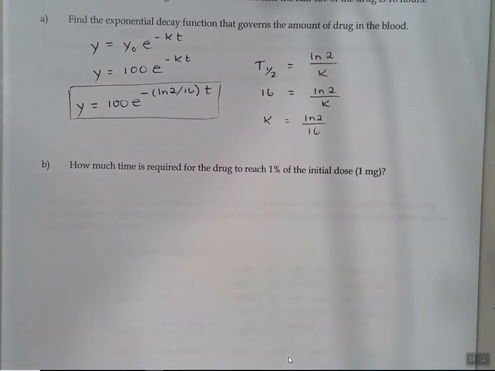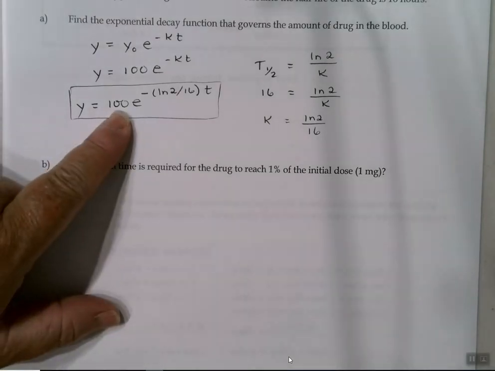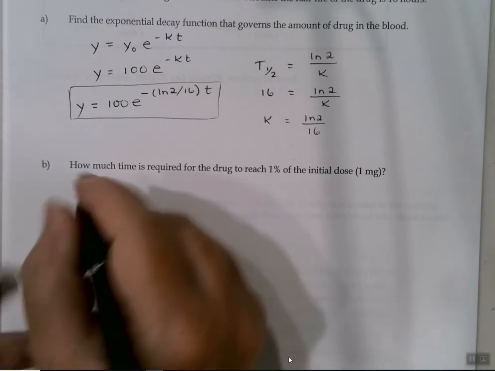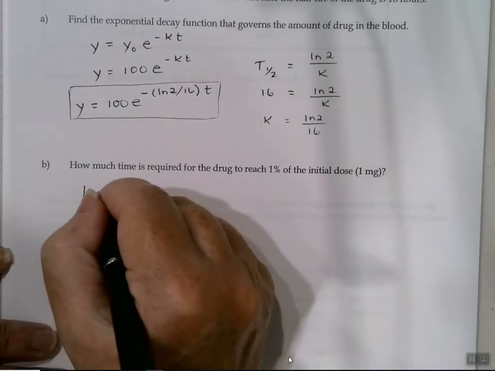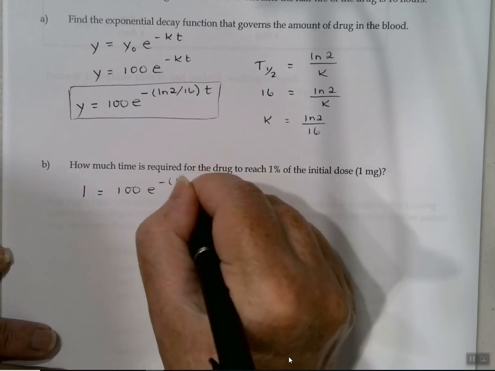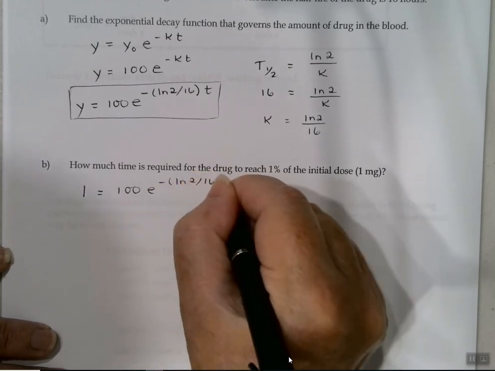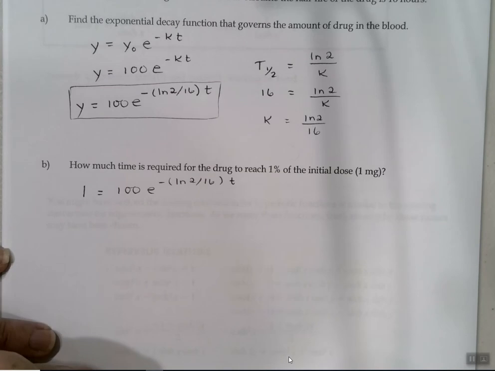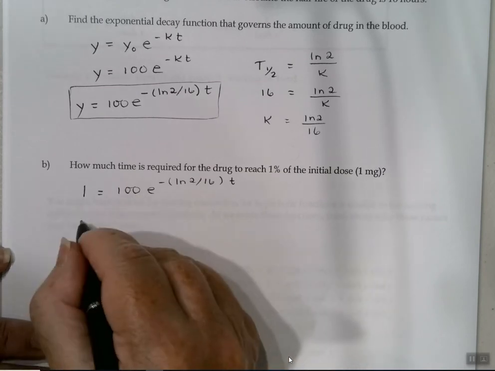All right, we now want to know how much time is required for the drug to reach only 1% of the initial dose. 1% of 100 is 1, of course. So we want to know how long it's going to take for there to be 1 milligram left. And let's see, if I divide by 100, I'm going to get 0.01.